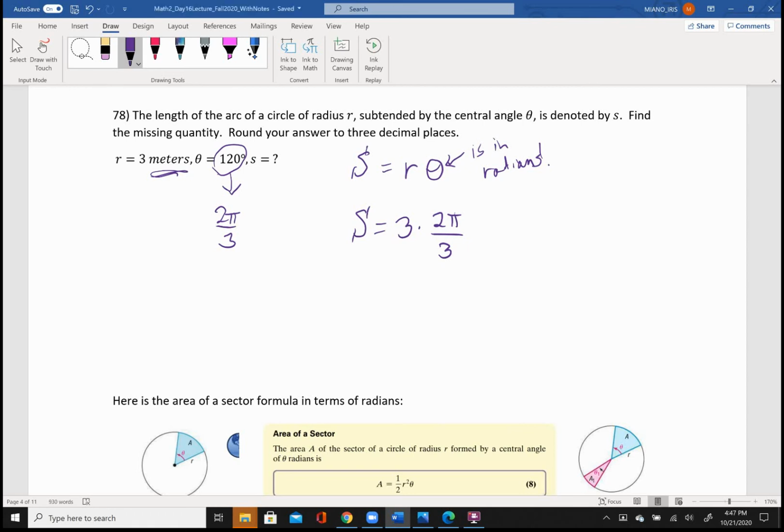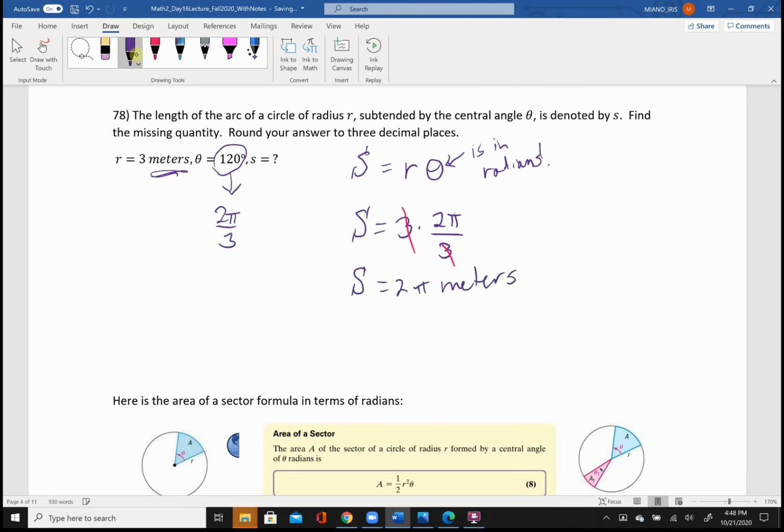We don't want to gum up the works with the idea of throwing in a unit of degrees. It's not going to make sense for us. So we're very happy. Those cancel out, and we're left with 2 pi meters, which feels weird, right? But it's just some distance, and pi is just some number. So S, the arc length, will equal 2 pi meters.